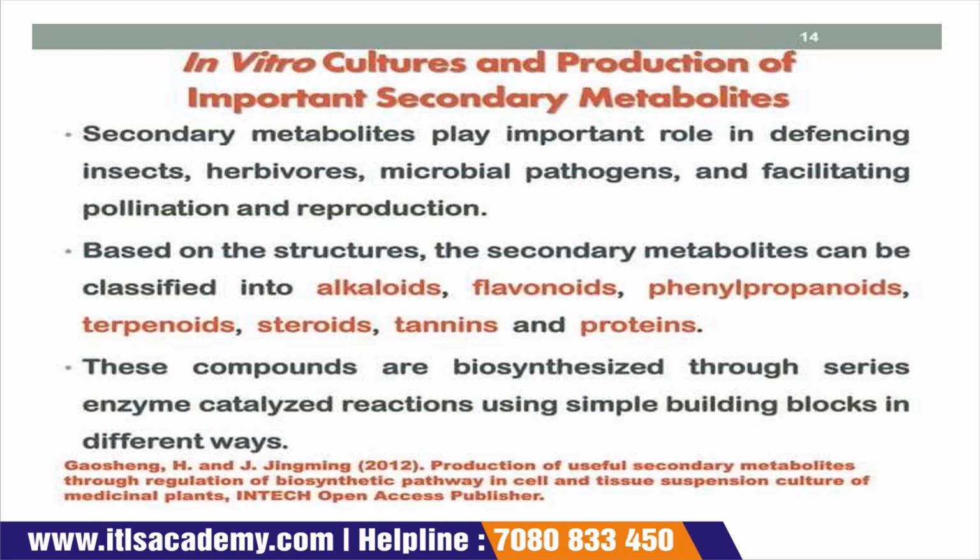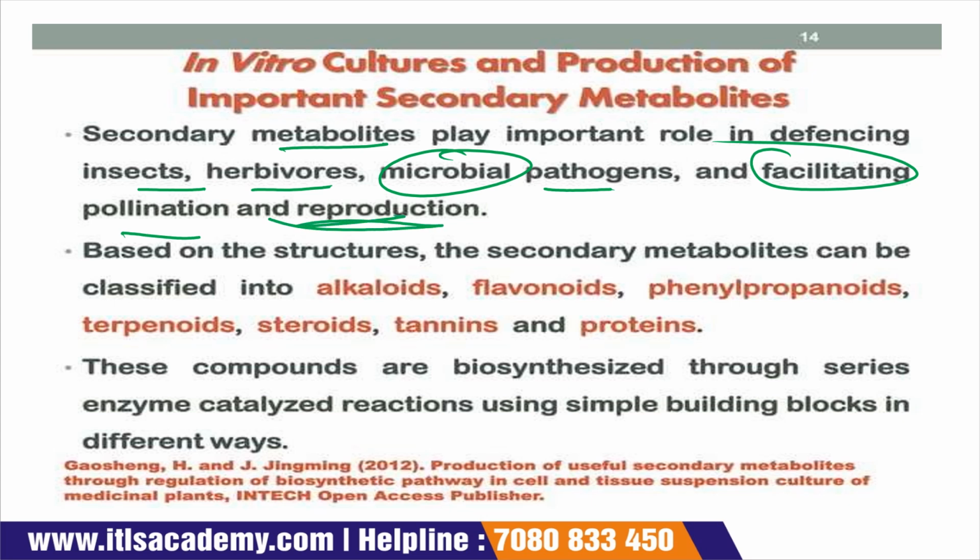Now the next is in vitro culture and production of important secondary metabolites. These secondary metabolites also play a very important role in defense against insect herbivores and microbial pathogens, and in facilitating pollination and reproduction.